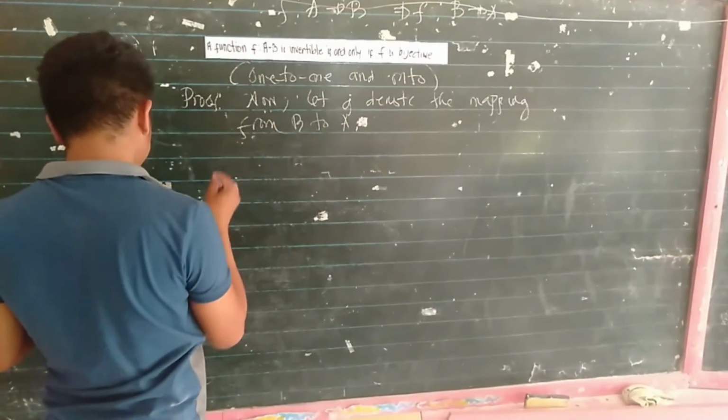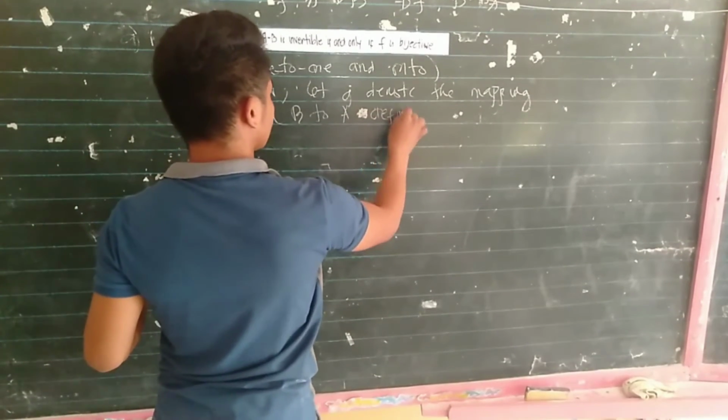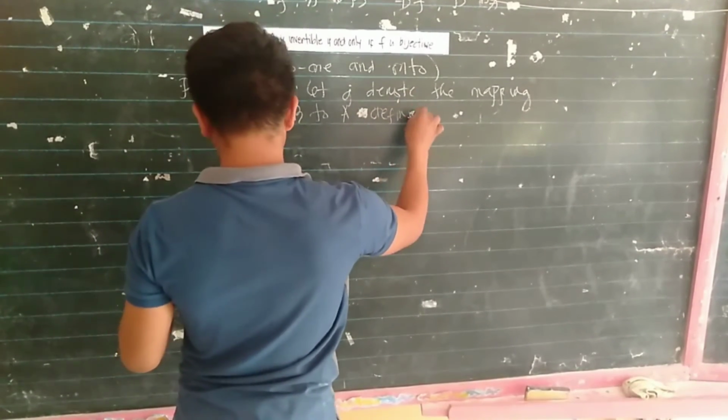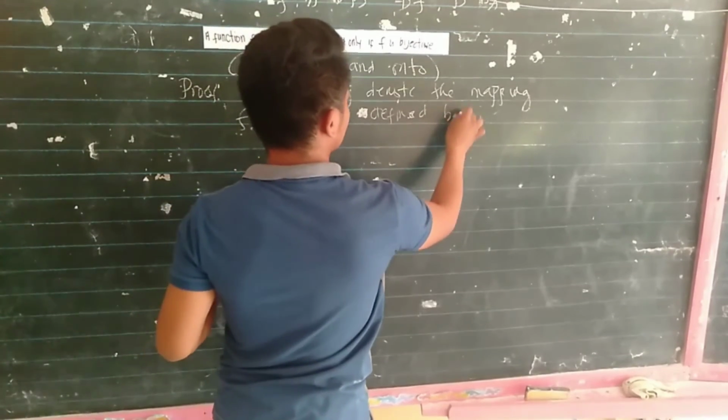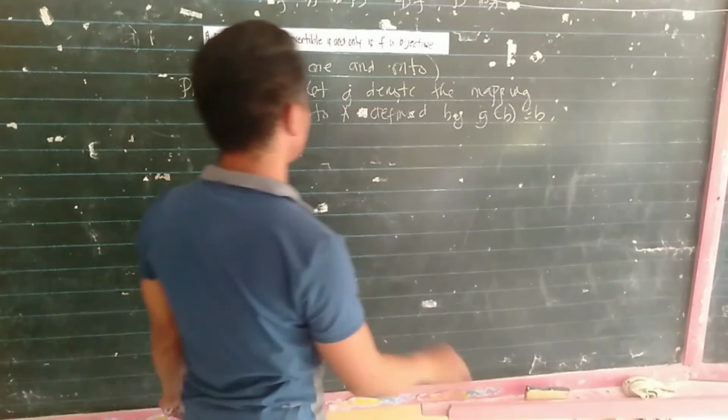This can be defined by g of b is equal to a. Okay, we will do the mapping now.